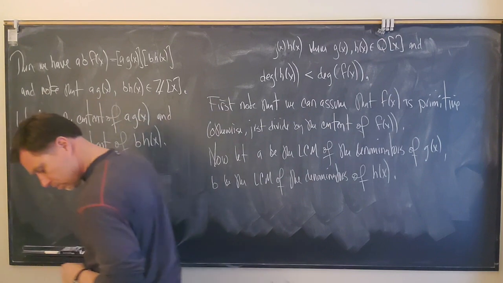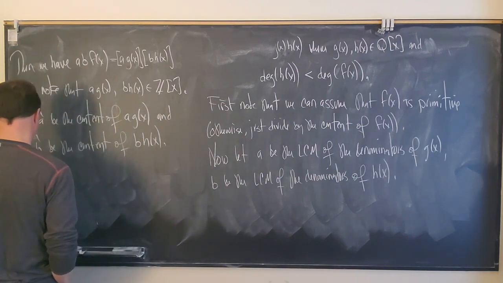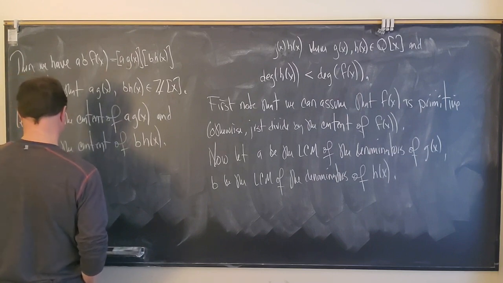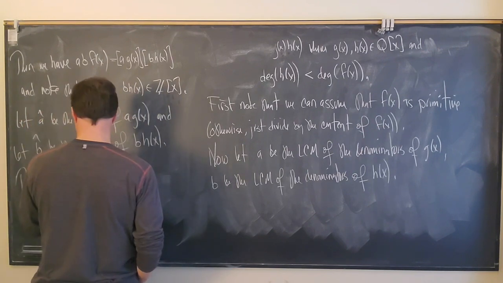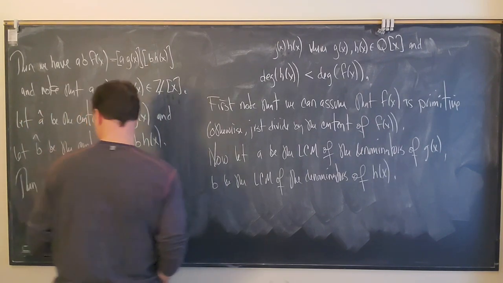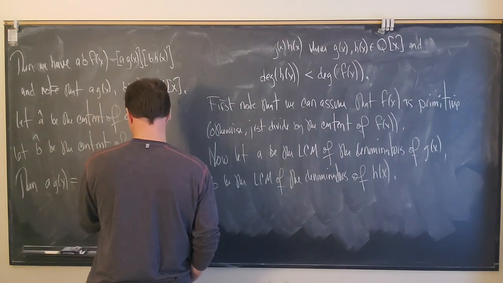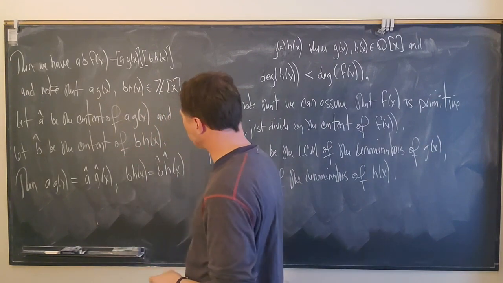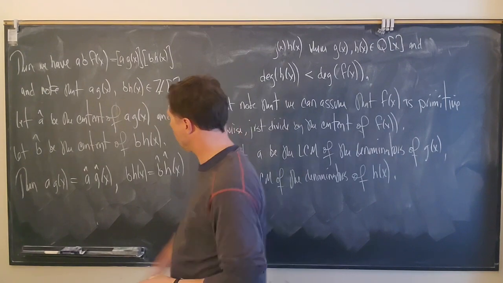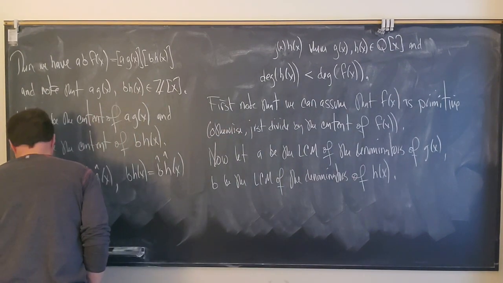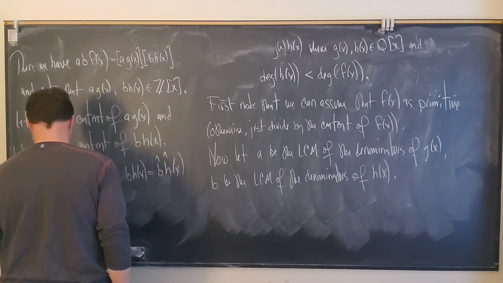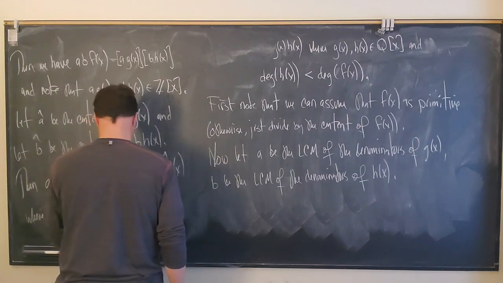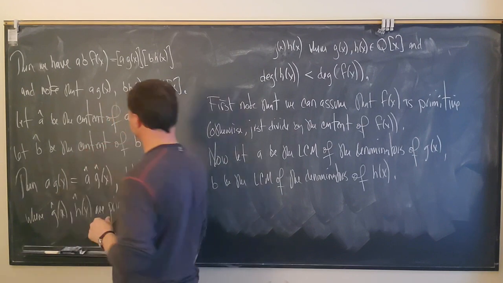Then we can write a times g of x equal to a hat g hat of x, and b h of x is equal to b hat h hat of x, where g hat of x and h hat of x are primitive.